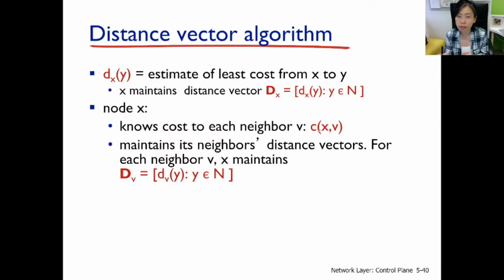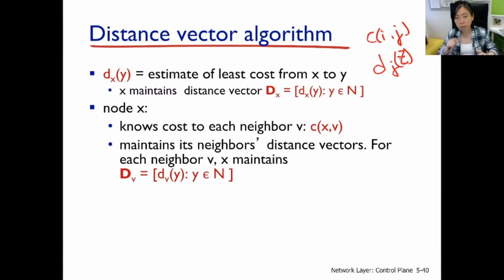But you see also in the previous example, the calculation of the Bellman-Ford is actually based on this information: c_ij, the link cost from the source to each of the neighbors, and the shortest distance from each of the neighbors to the final destination. That is also saying the distance vector algorithm as a whole contains the Bellman-Ford algorithm.